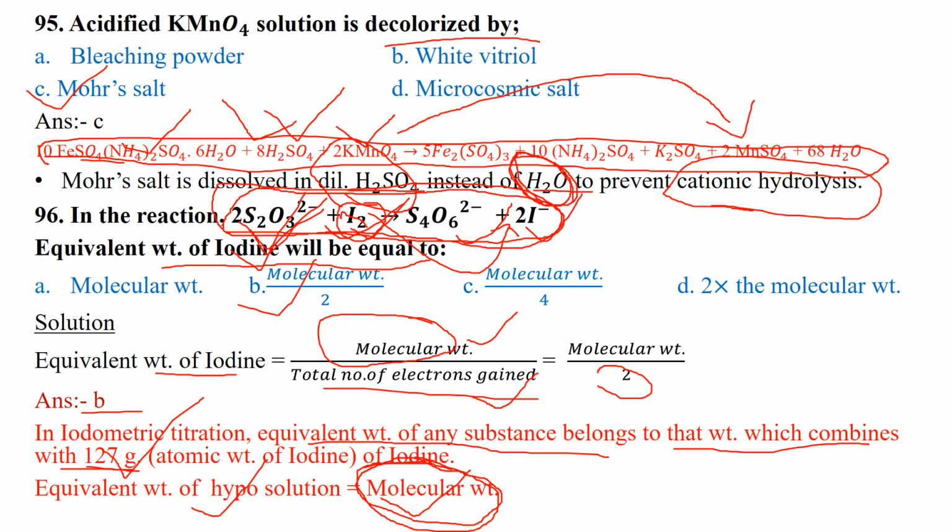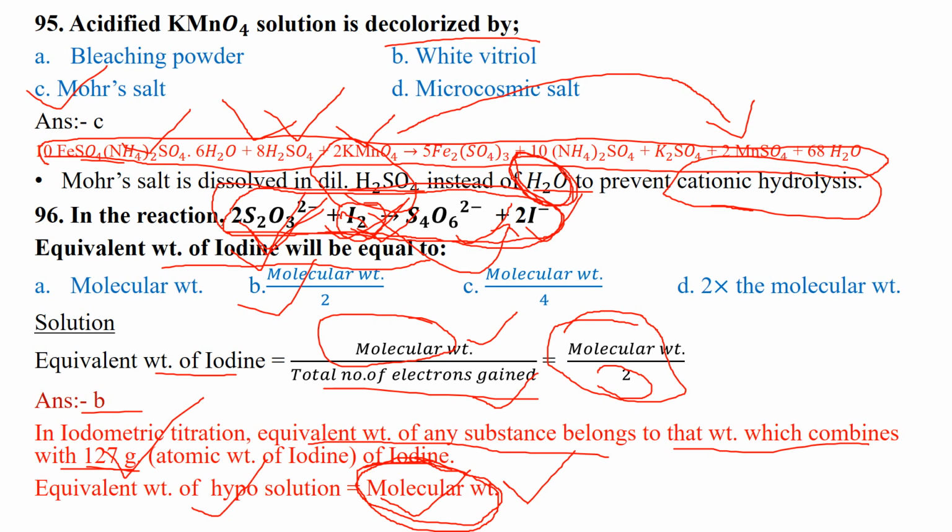So if the question asks about the equivalent weight of hypo solution, then it is equal to the molecular weight of hypo solution. But if the question asks about the equivalent weight of iodine, then the answer will be molecular weight of iodine divided by 2, right? Remember, these 2 points are very important.